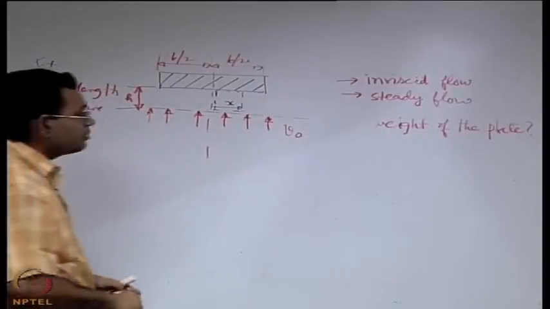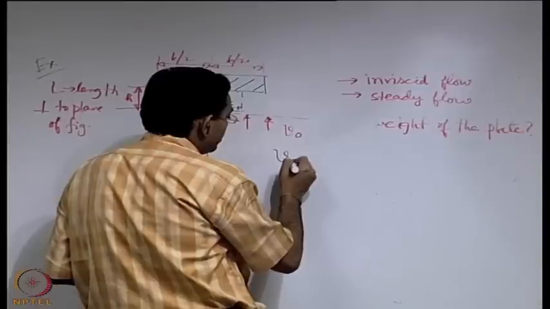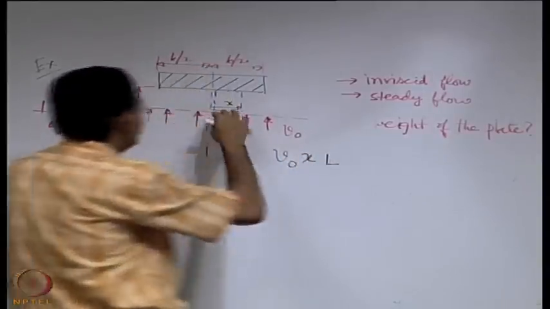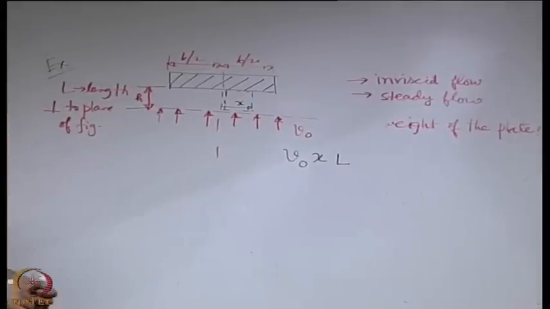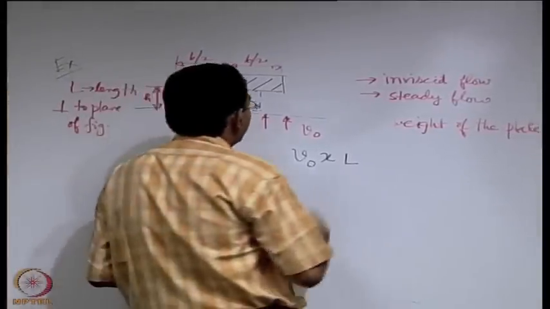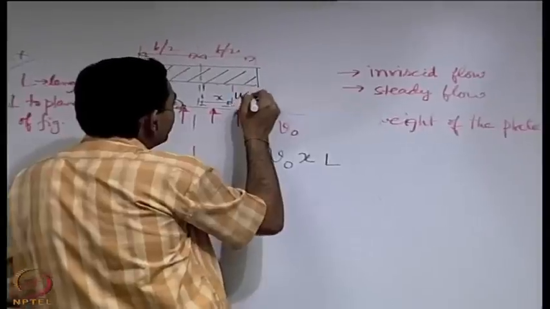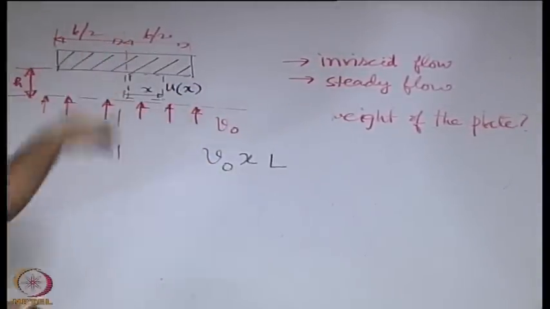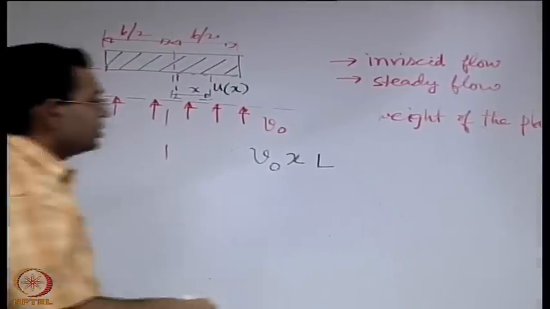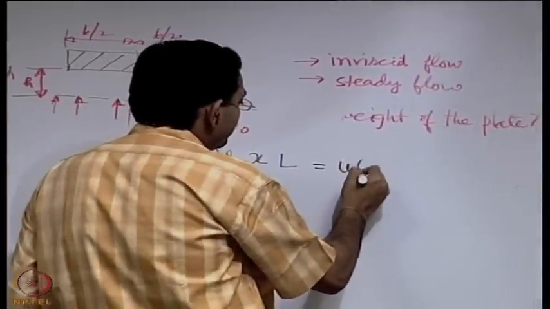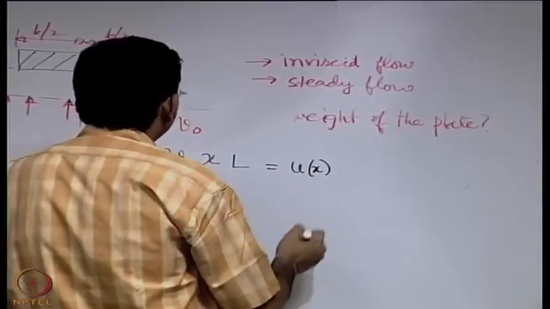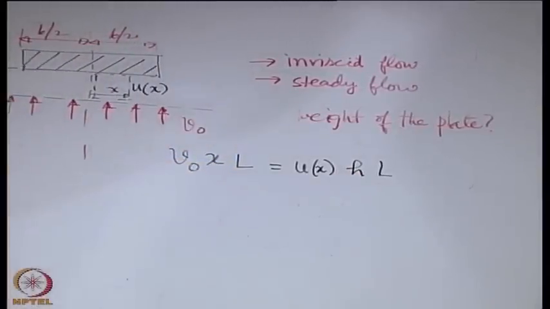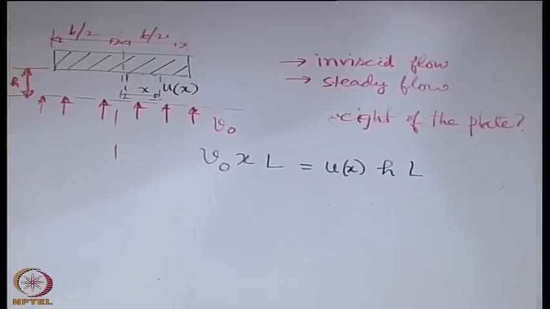The rate of flow entering is V naught into x, and the length perpendicular to the plane of the board is L, so this is the volume flow rate. What leaves here is u, a function of x, because of the assumption of inviscid flow, u does not vary with y. So you can take u as a function of x, into h into L. It is as good as writing A1 V1 equal to A2 V2.